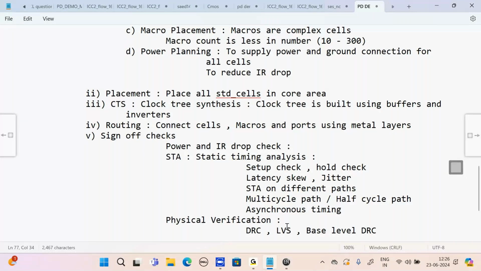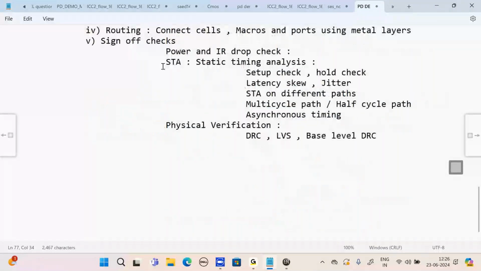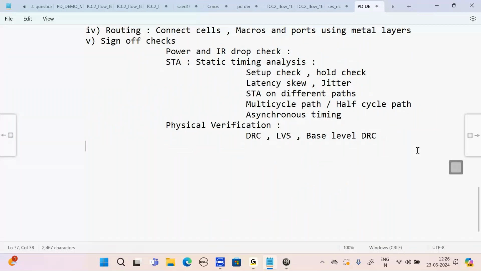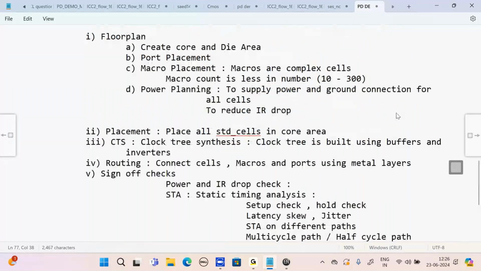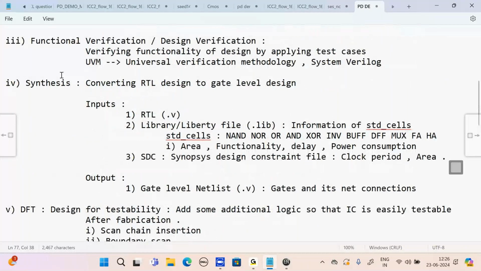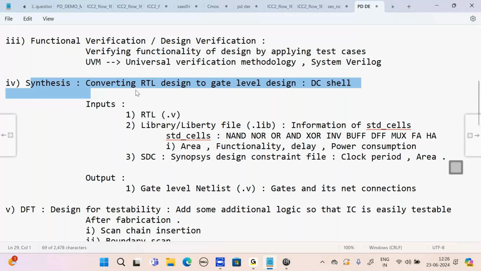So these are the different sign-off checks we do in physical design. We use different tools for different purposes. The same tool is not used. For synthesis, we use a tool called DC shell. What EDA tools are we using? Electronic design automation tools. We cover even synthesis as part of our syllabus. So we use DC shell, design compiler shell.